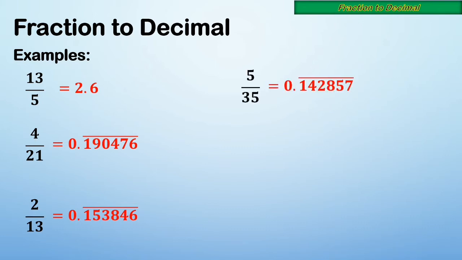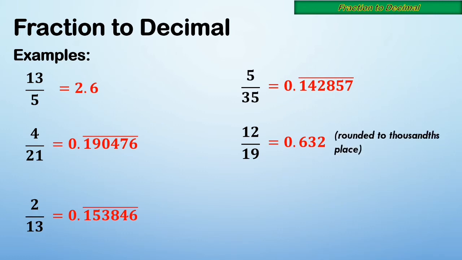Okay, 5/35, you have 0. Okay, you can have that one. How about 12/19? Good, 0.632, and that is terminating decimal. Okay, it is terminating decimal kasi nag-end.